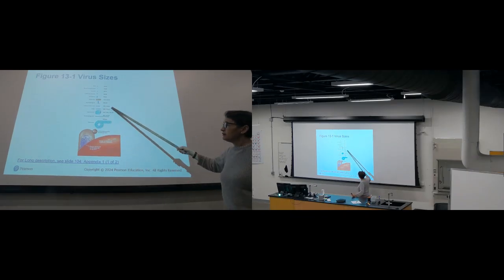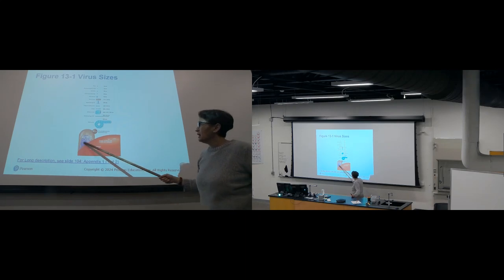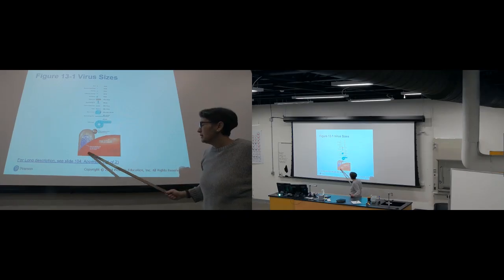Now, if you compare all of these virus sizes, some of them, like in the case of Ebola, can be larger than chlamydia, which measures 300 nanometers in diameter. And then here we have E. coli, which is larger than most of these viruses.